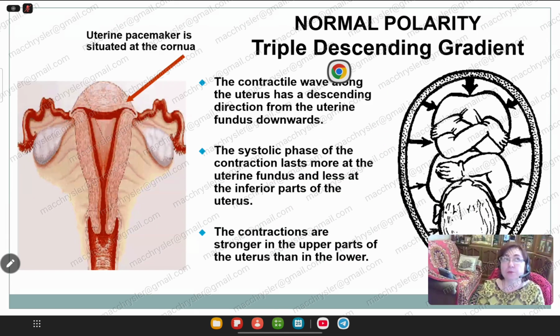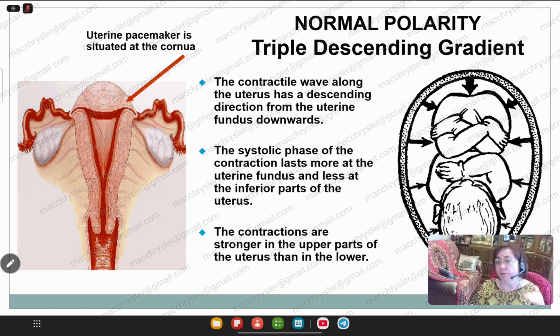Another thing we need to remember is the triple descending gradient, or normal polarity. This material is absent in your book, so I remind you, be attentive. The uterus is very similar to the heart and also has a pacemaker which initiates contractions, and the contractions descend from the top of the uterus, because the pacemaker is usually located at the tubouterine angle, so the maximum intensity of contraction is in the fundus.